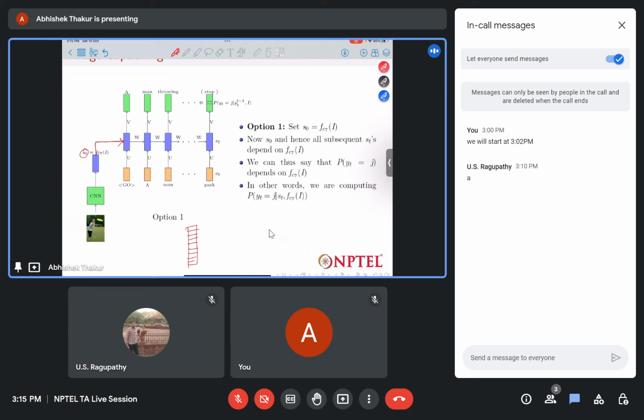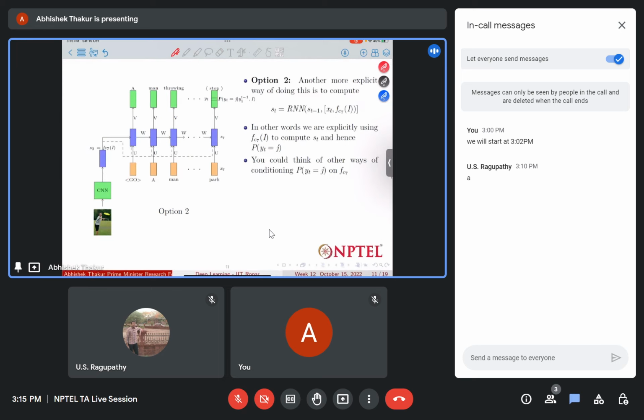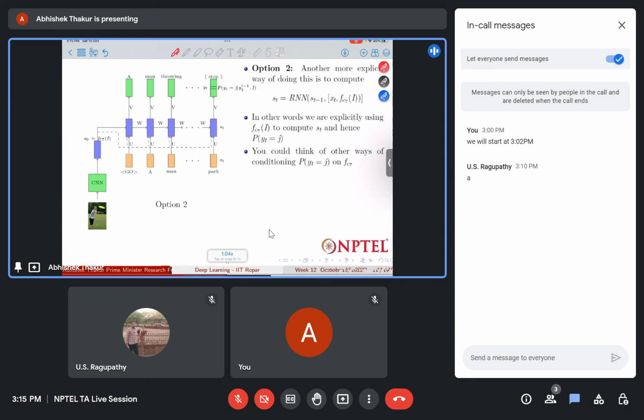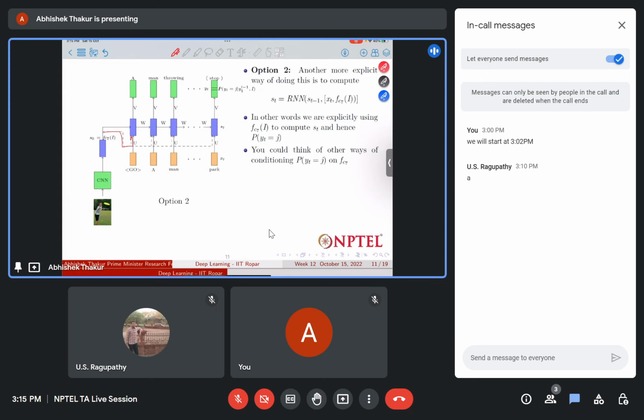The second option is that we can give this fully connected layer as the input of each S t. Here you can see it is given like this: it is given as input at each timestamp.